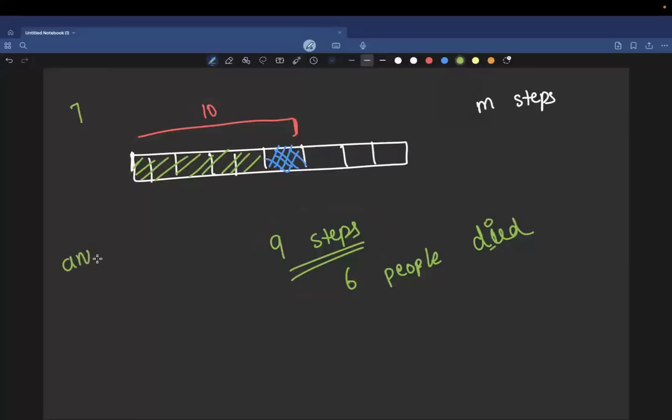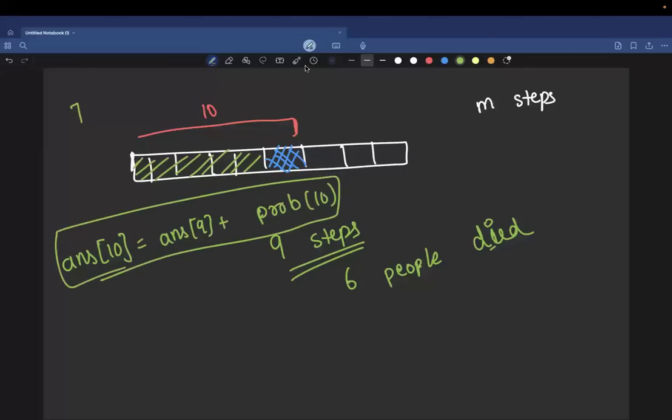So the answer of 10 is nothing but the answer of 9 plus the probability that the person dies on the 10th step, right? Answer of 9 would tell you about the probability of the person dying among the first 9 steps.